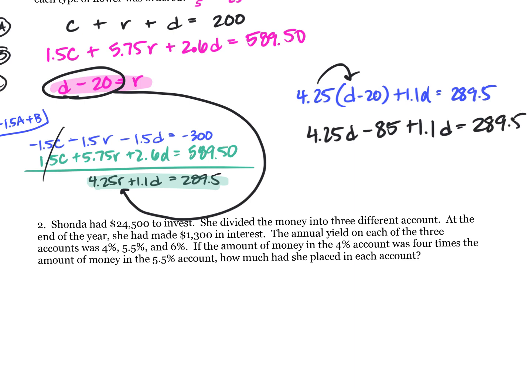Okay, you guys, are things coming out nicely? I would get 5.35D equals 289.5, add my 85. That gives 374.5. Take that and I divide by 5.35 and I'm very unexcited. And then I get a 70 and I'm pumped.